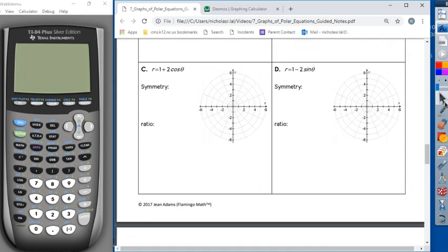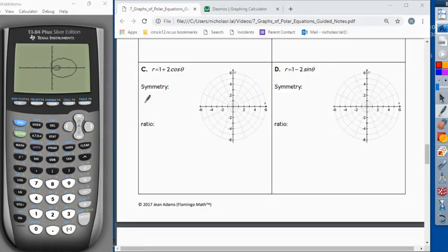Graph C, 1 plus 2 times cosine of theta. So let's do 1 plus 2 times the cosine of theta. That's also going to be kind of the same deal.